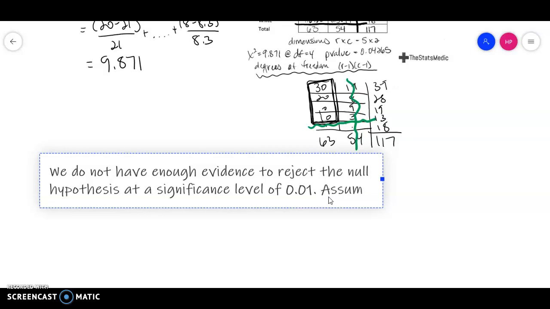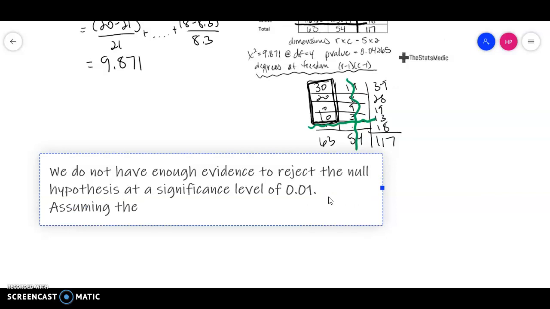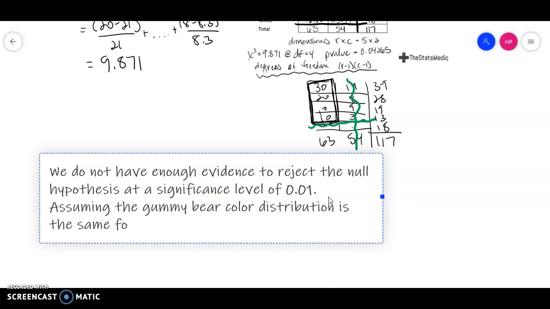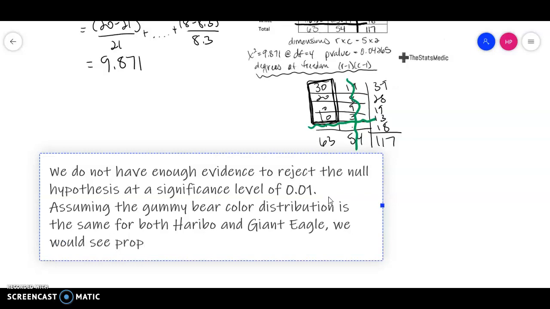And so assuming the gummy bear color distribution is the same for both Haribo and Giant Eagle, we would see proportions such as ours. And that's just a blanket because some of them might be more than expected, some might be less than expected.